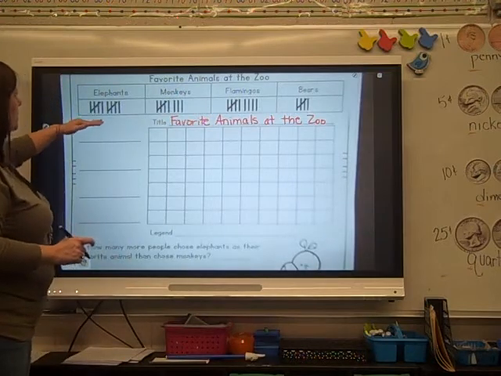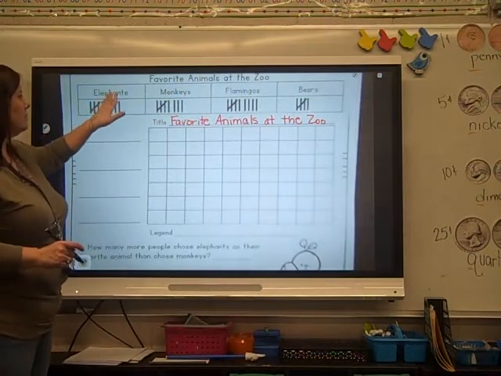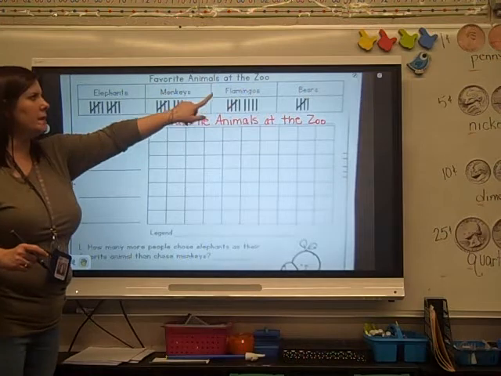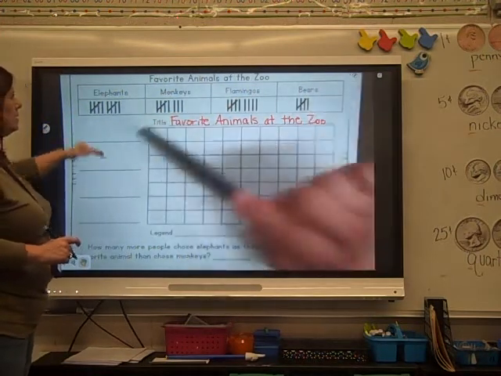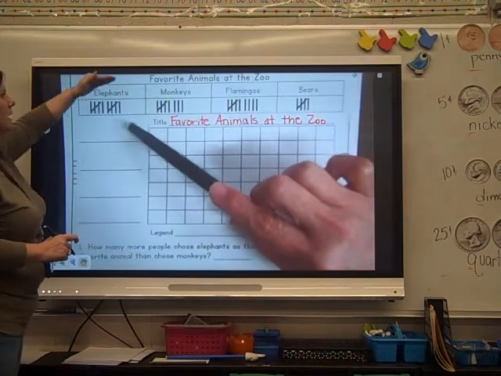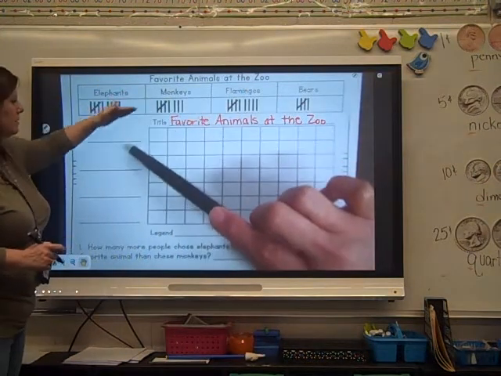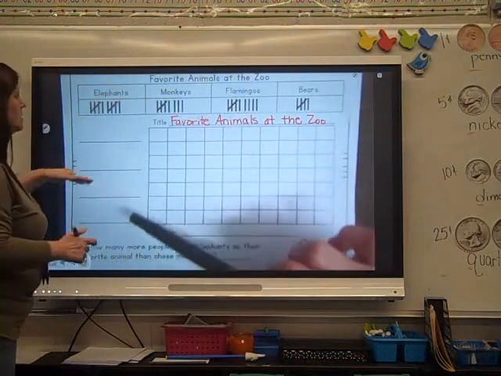Now I've got to put, we voted for elephants, monkeys, flamingos, and bears. So we have to put each one of our animals over here, label it. So copy elephants on the first line, then monkeys, then flamingos, then bears.